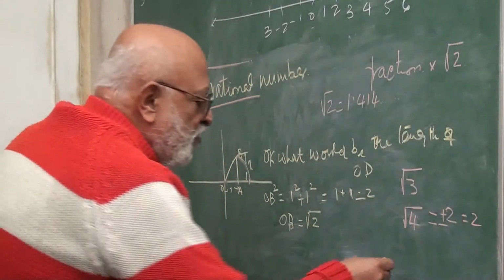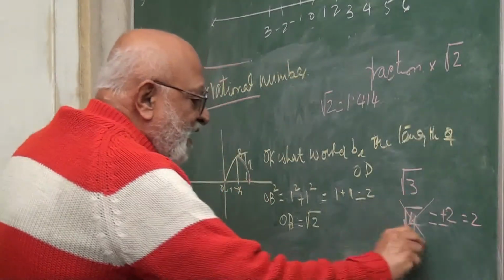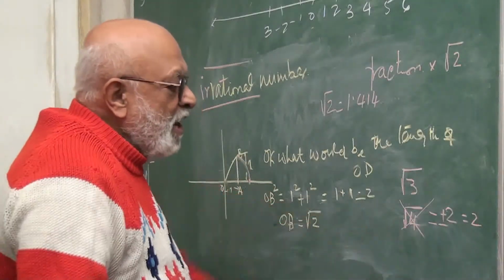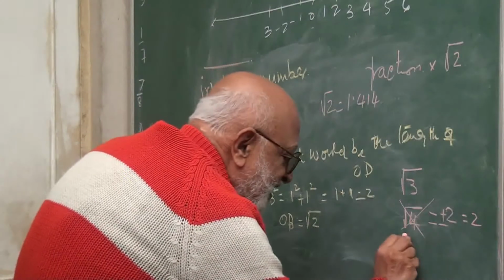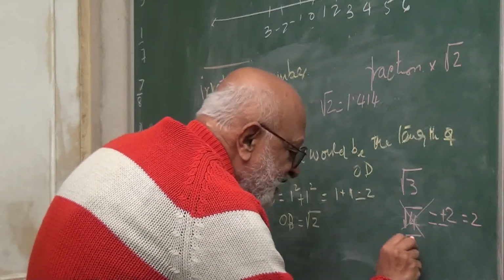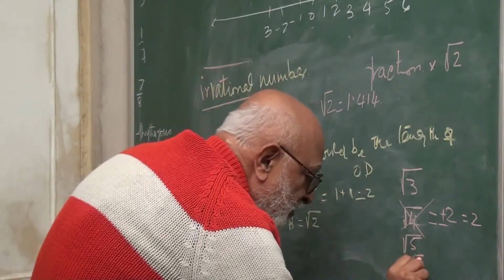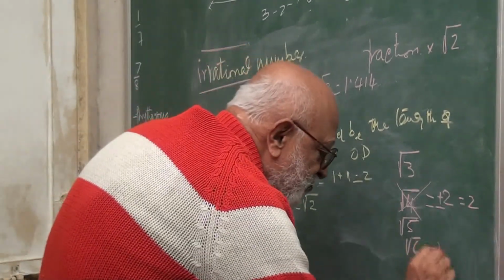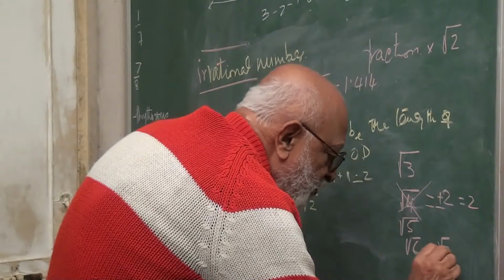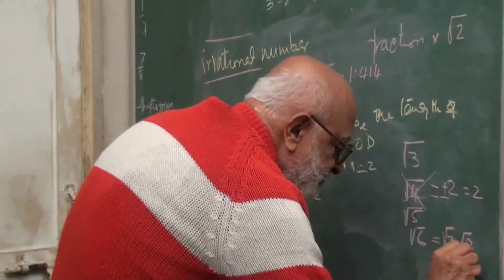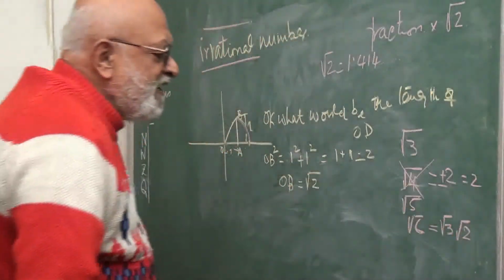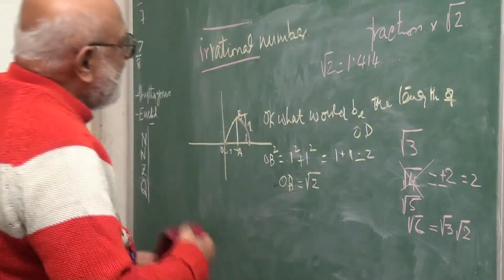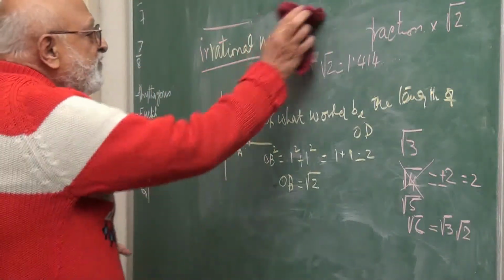So root of 4 is not an irrational number. But root of 5 is an irrational number. Root of 6 is an irrational number. Why? Because this would be root 2 into root 3. So this will be an irrational number.